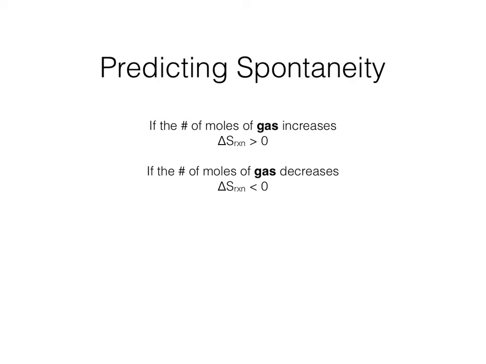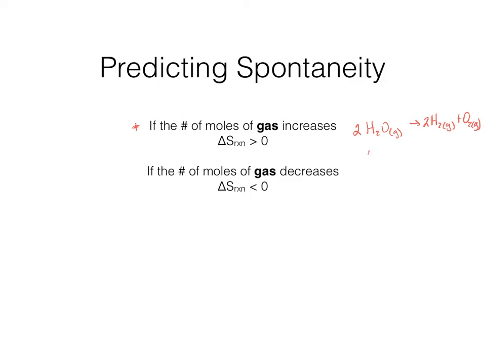One way is by looking at the reaction and saying if the moles of gas increase, then the change in entropy of that reaction should be greater than 0. And so this would be something like water gas breaking up and forming H2 gas plus O2 gas. And now I need to balance this.